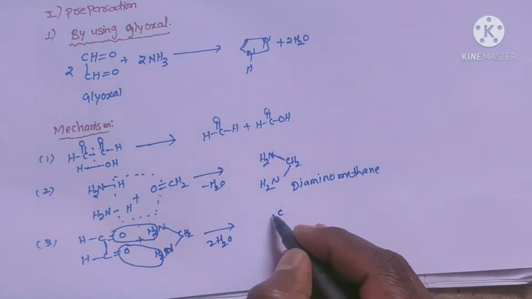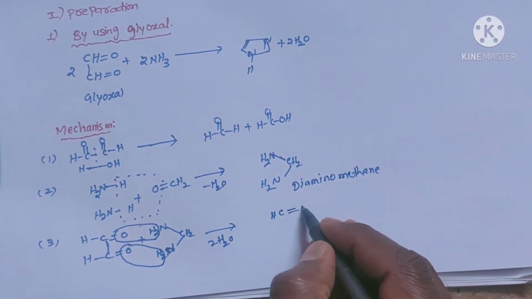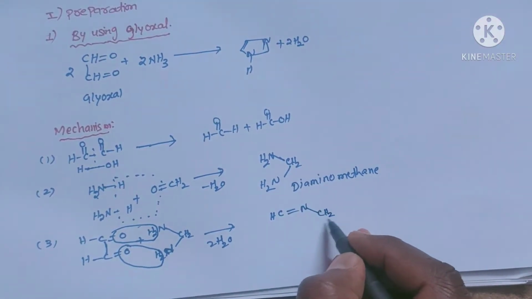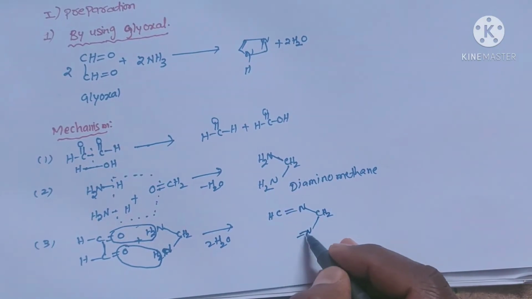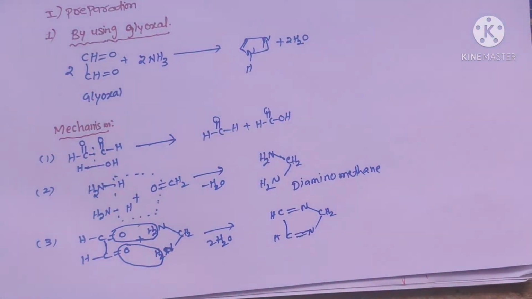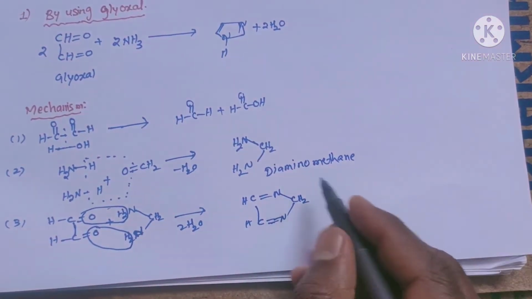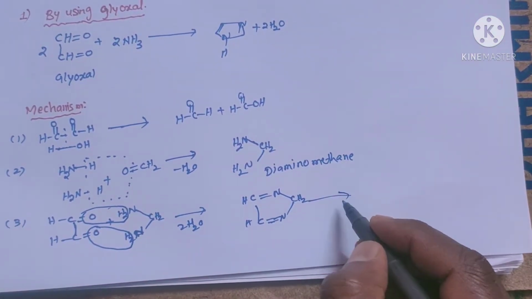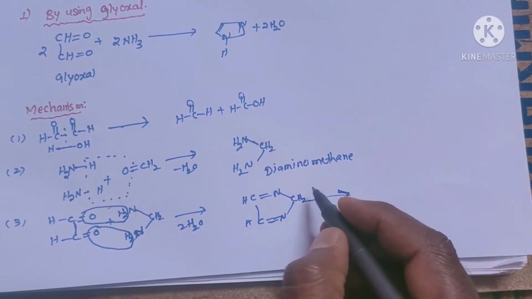So as a result, what happens? So this is an unstable compound and this one undergoes tautomerism or aromatization.